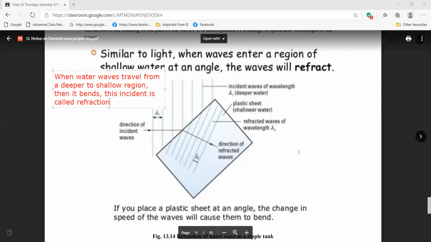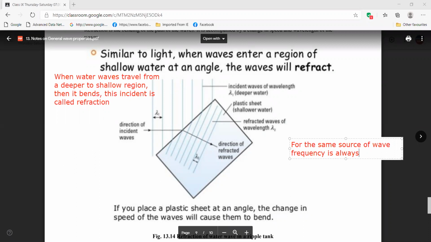So here you write: for the same source of wave, frequency is always same.